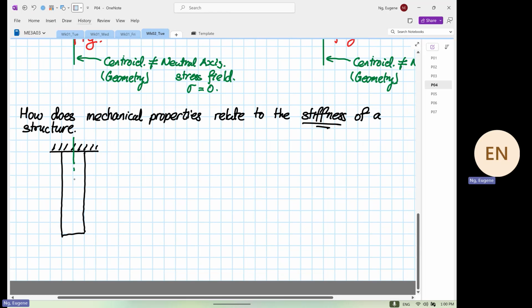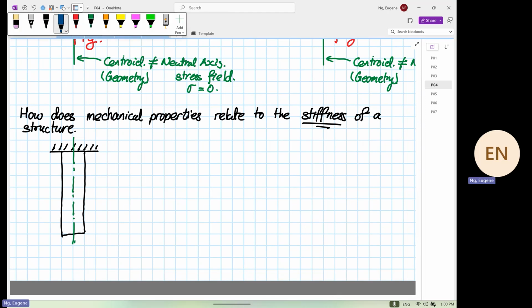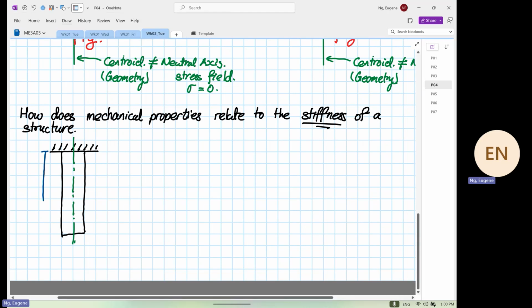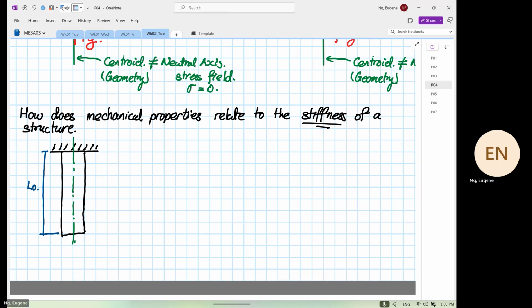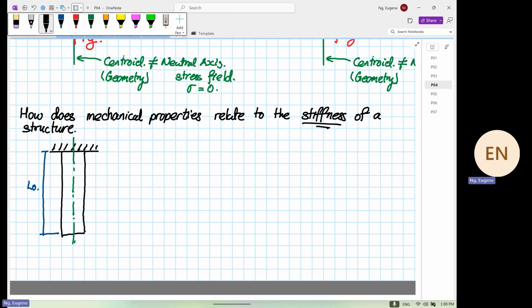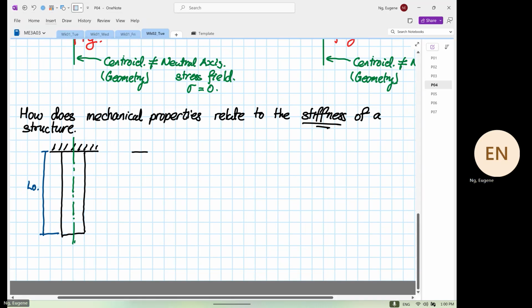This is my centroid. Right? And then our structure over here will have a certain geometry. This geometry will be known as our L0. And then we put our structure. We are going to focus on compression. The next structure on the right-hand side.